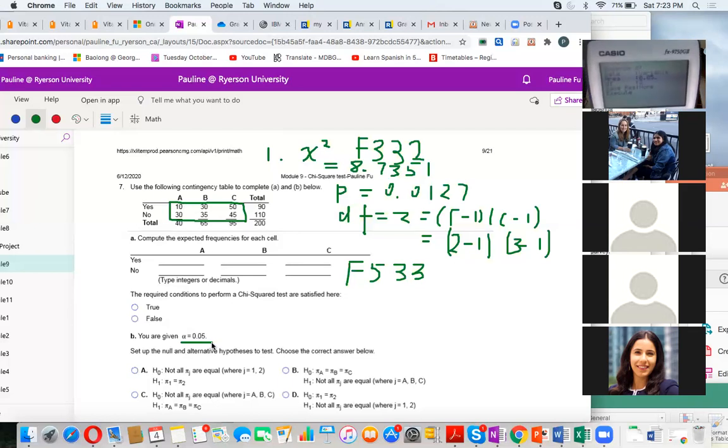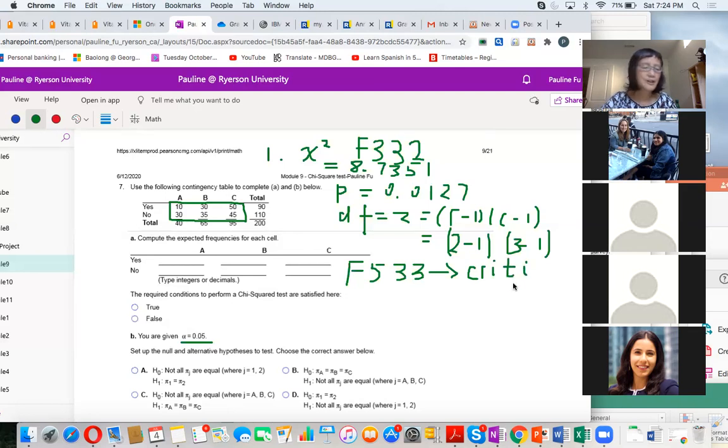Then press EXE. So I get 5.9915, the critical value. Any questions?